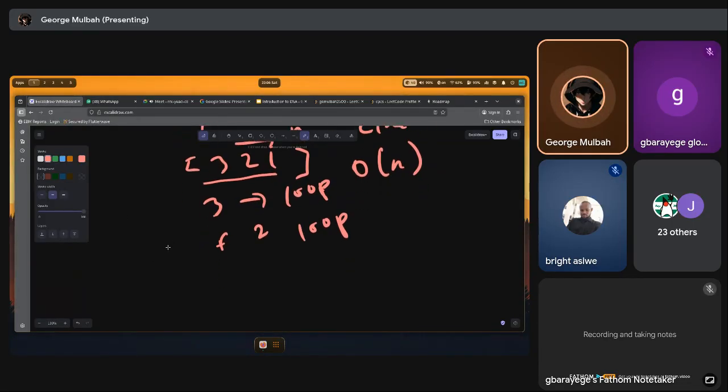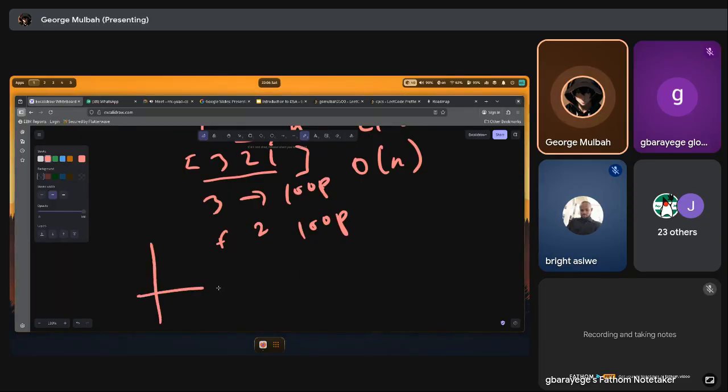When we say linear time, the graph of a linear function is like this. But there is a better way we could do this to make our algorithm run faster.